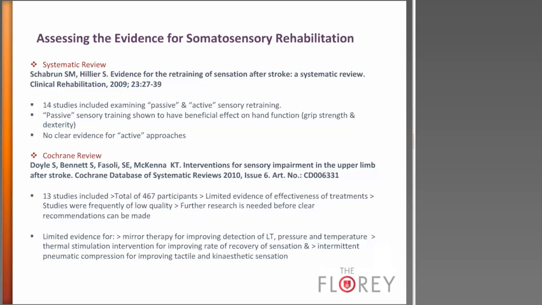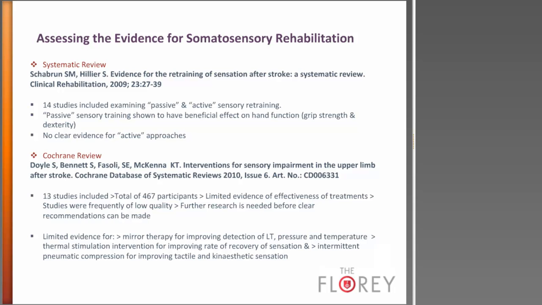And then looking at a Cochrane review that addressed interventions for sensory impairment in the upper limb after stroke, included a similar number of studies to the Scharbrunn review. They included 13 studies, which overall had a total of 467 participants. Again, they found there was limited evidence for the effectiveness of treatments, and unfortunately studies were frequently of low quality, and they made the comment that further research was really needed before clear recommendations could be made.